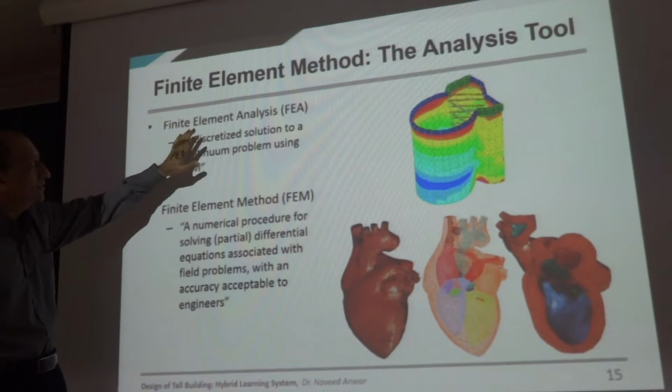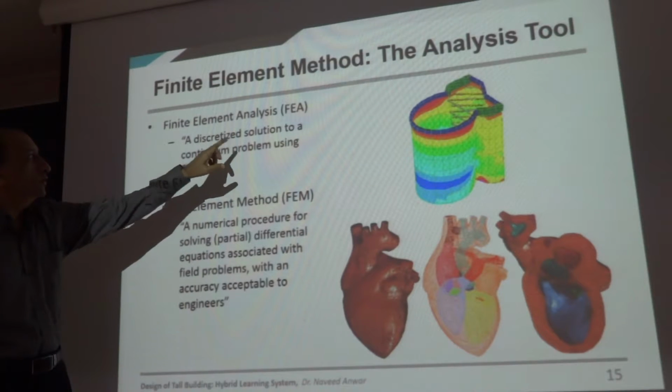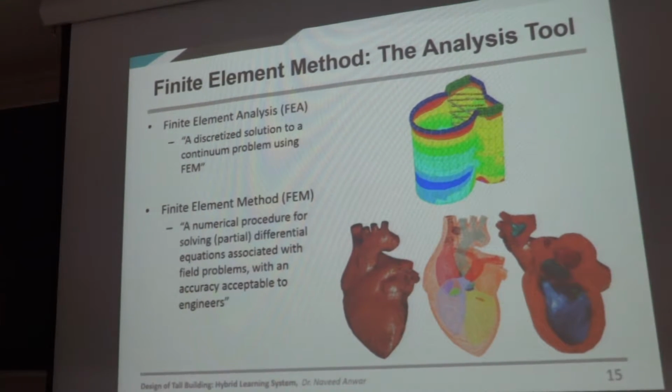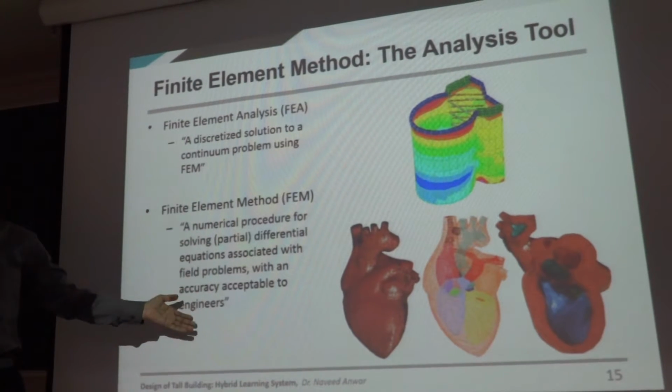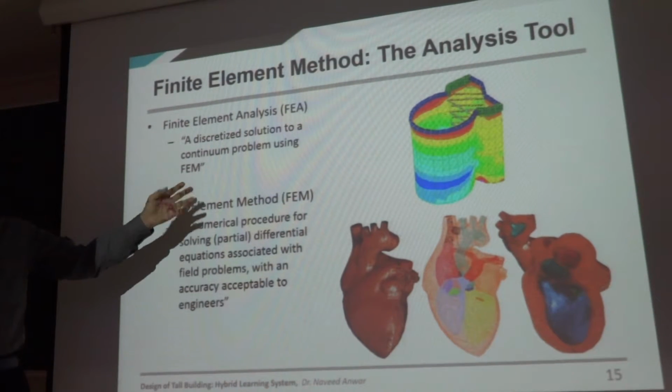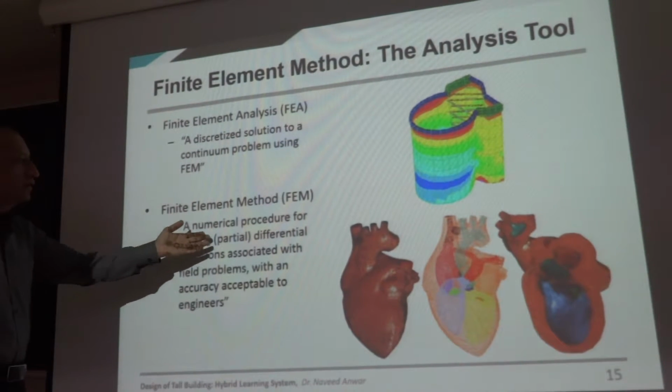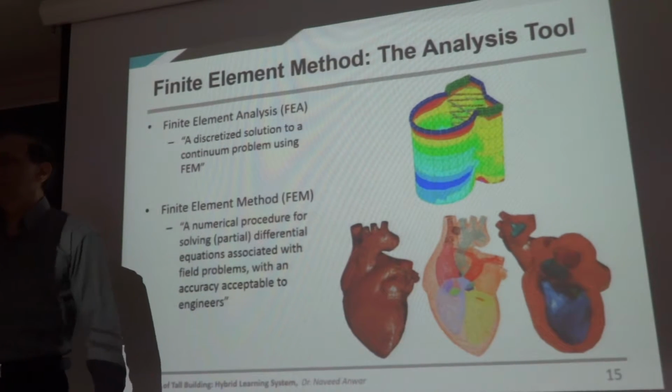Finite element analysis is a discretized solution to a continuum problem using the finite element method. So the analysis is dividing the problem into small pieces and then using the finite element method. It didn't say anything about structure. Did I say anything about structures? Nothing. And the finite element method is nothing more than a numerical way to solve the differential equation that we solve.